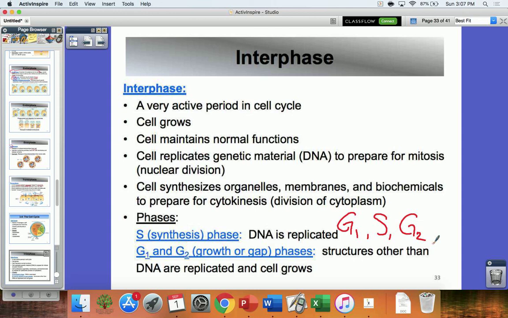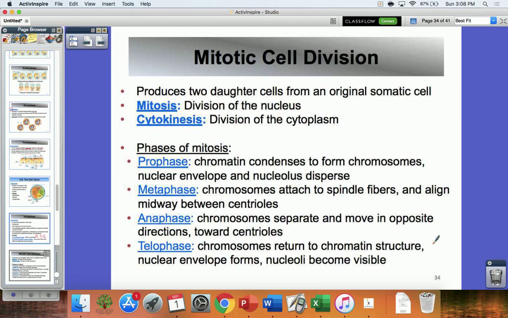The cell is going to be growing, making more cells and more structures. Then S is for synthesis. We're synthesizing more DNA. And then our G2 phase, where the cell grows even more, preparing for our next phase, which is mitosis. And mitosis is simply going to be the splitting of the cell into two.